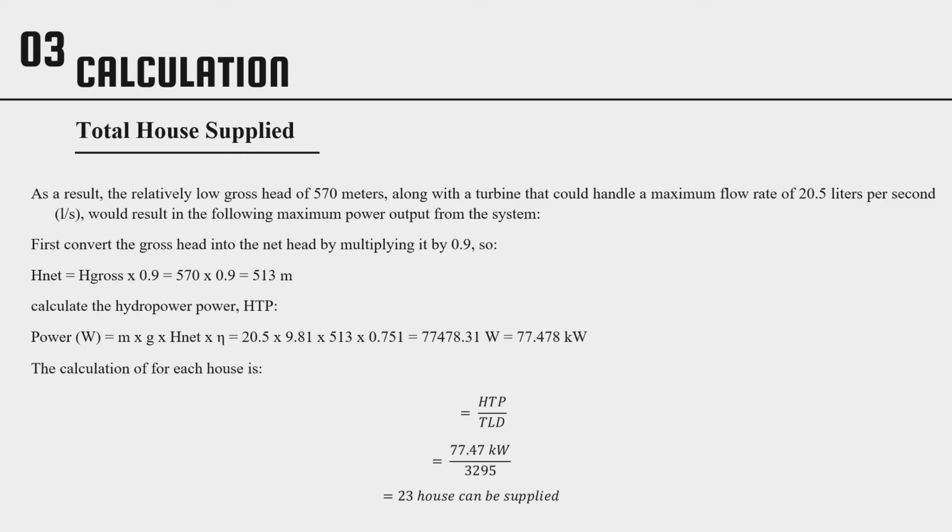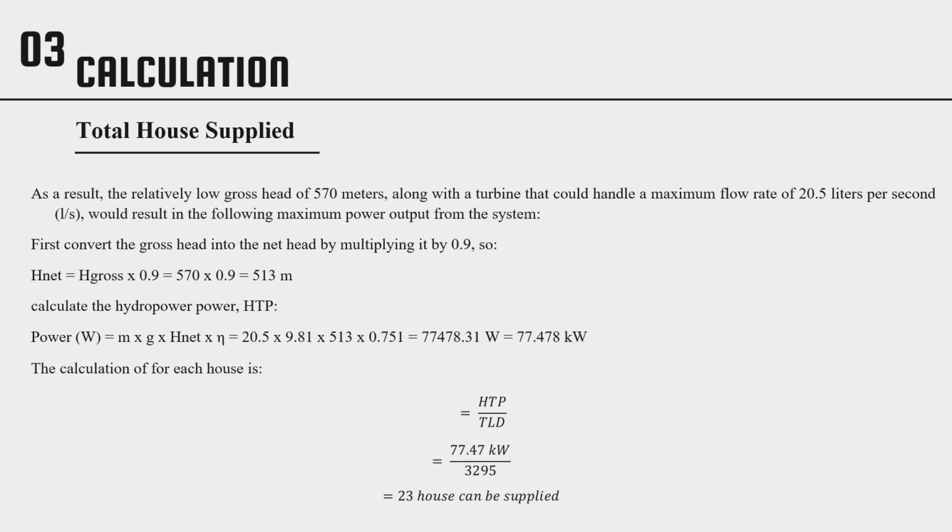As the results, we get the gross head 570 meters and the maximum flow rate is 20.5 liters per second. Before we calculate the net power, we have to calculate the net head by multiplying the gross head by 0.9. So 570 times 0.9 is equal to 513 meters.